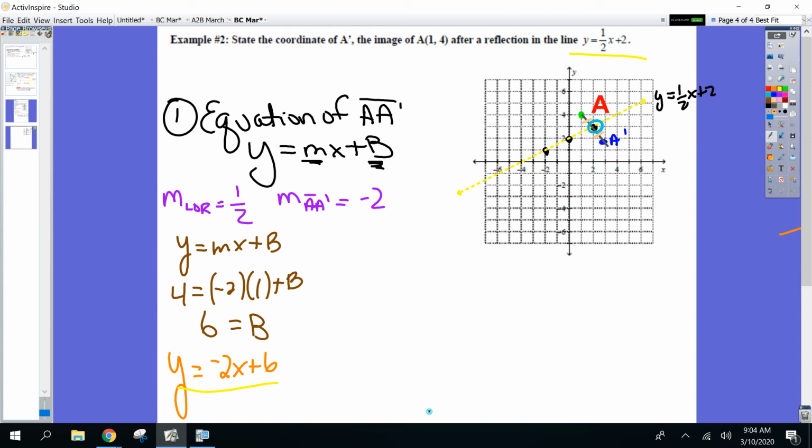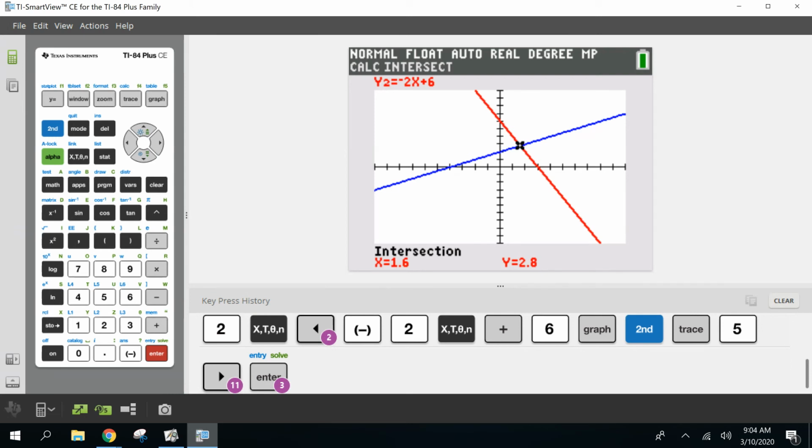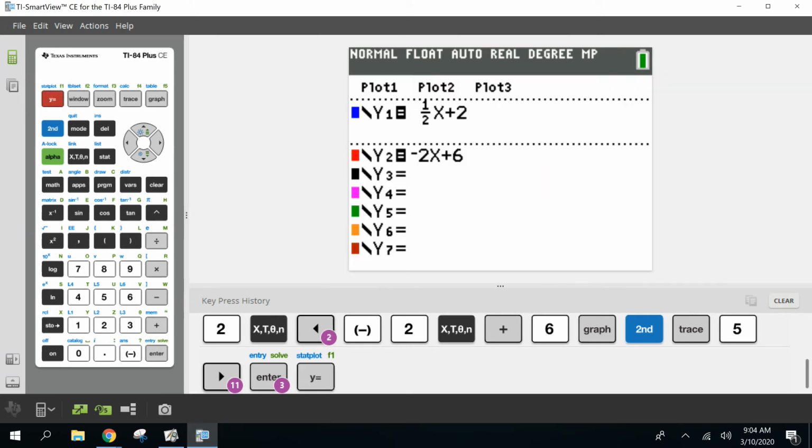All right, so how do I figure out where these two lines intersect? Go to your calc. You got a Y1 screen, a Y2. Please type in both equations, the line of reflection and AA prime. 1/2 x plus 2, negative 2x plus 6. Make sure they're typed in correctly.